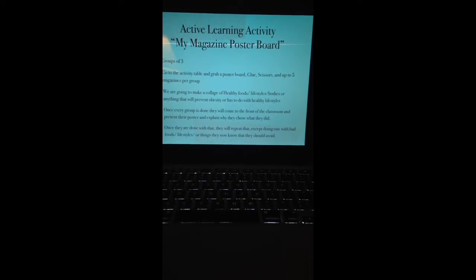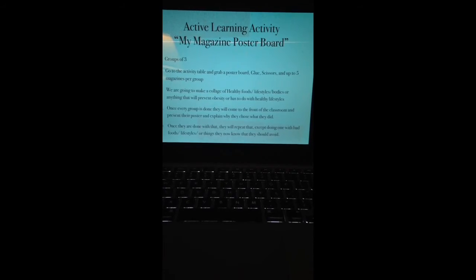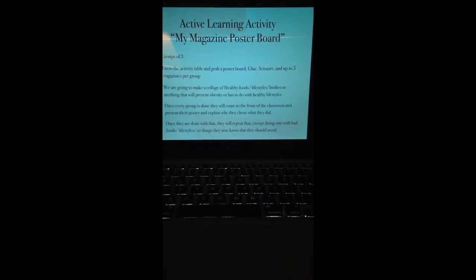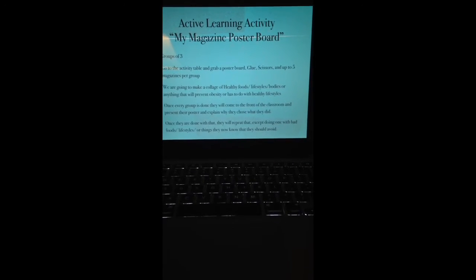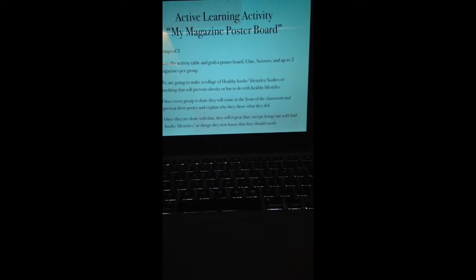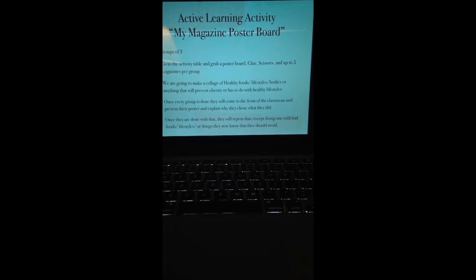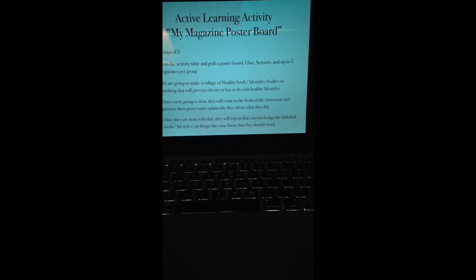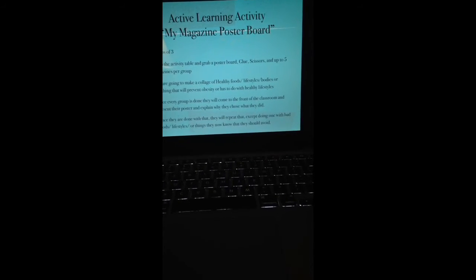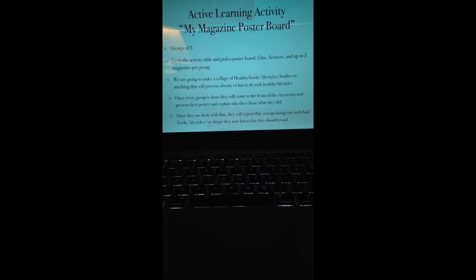Once they're done with that, they will repeat steps 2, 3, and 4, except with bad foods, bad lifestyles, or things that they now know that they should avoid to accomplish a healthy lifestyle. Again, they will go out in front of the class and present and explain. And hopefully the other class members will learn from the other groups more good and bad foods and lifestyles and whatnot.